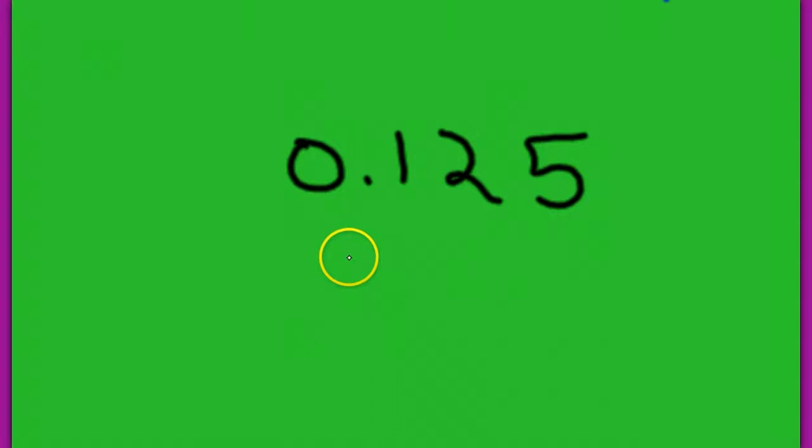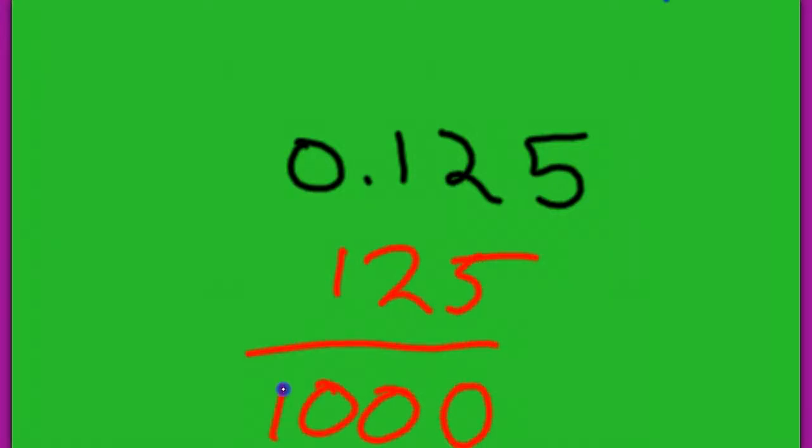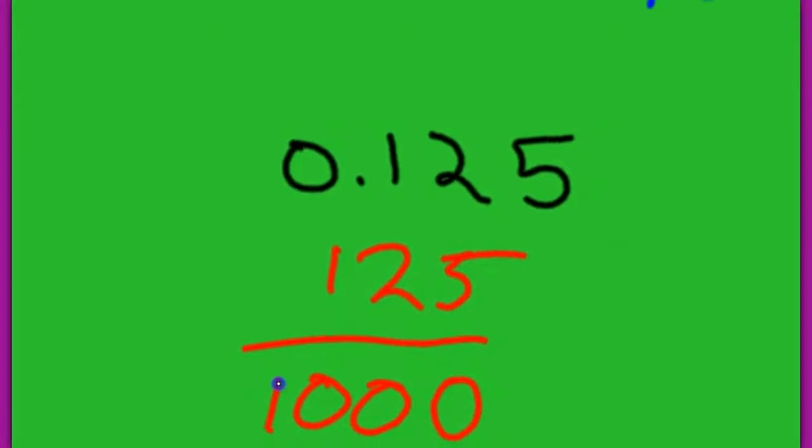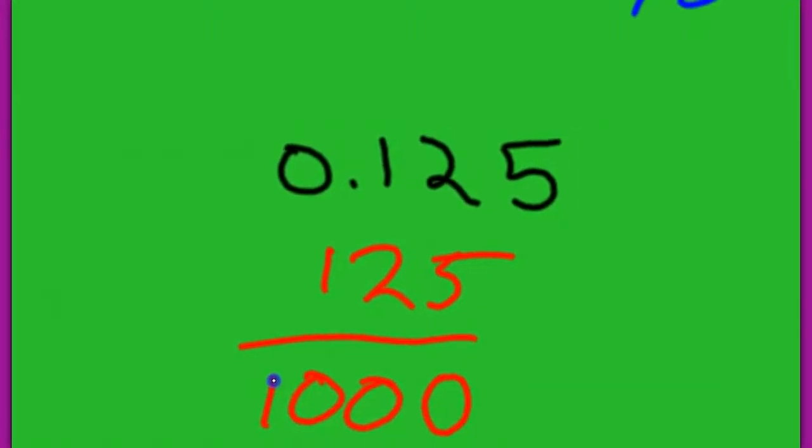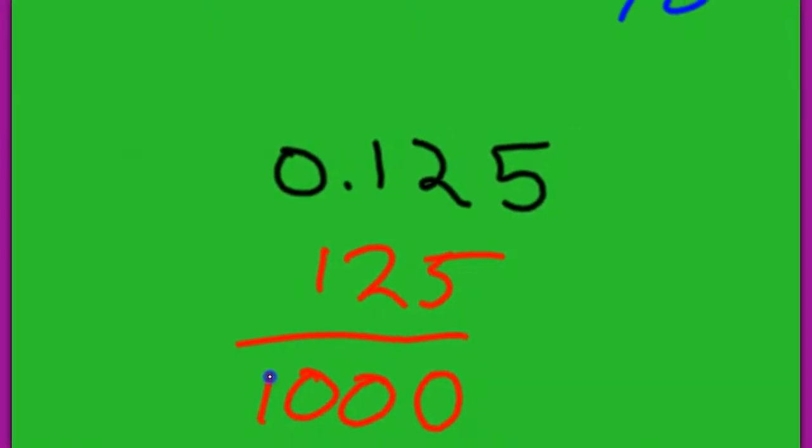So my first job is to write that as a fraction, 125 over 1,000. Alright, now I need to do some division. I can simplify this because I know my divisibility rule for 5, which says any number that ends in 5 or any number that ends in 0 can be divided by 5.